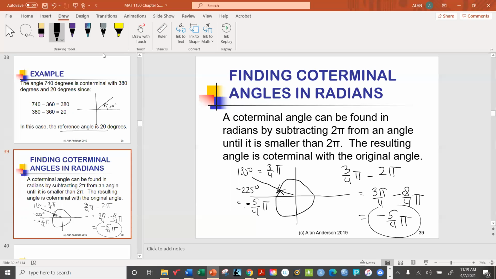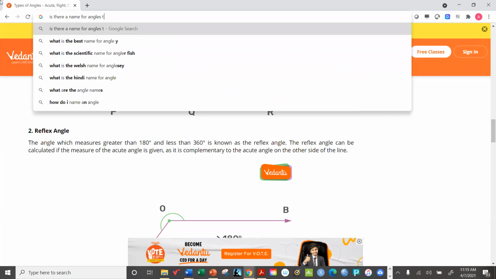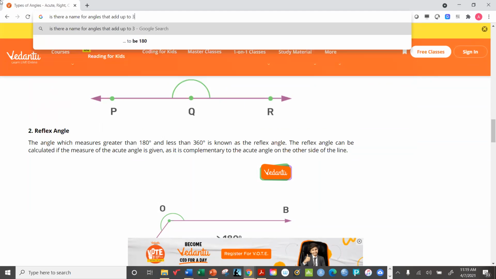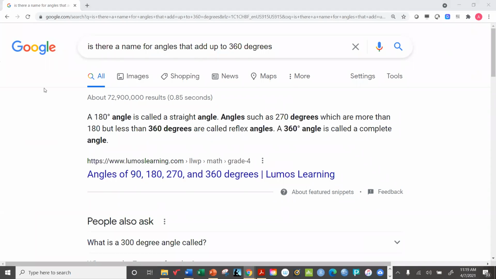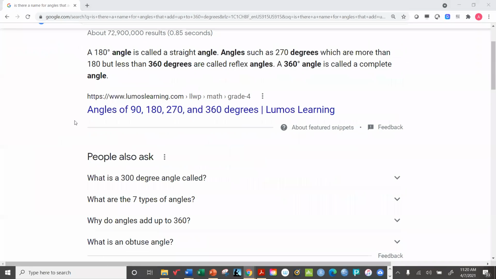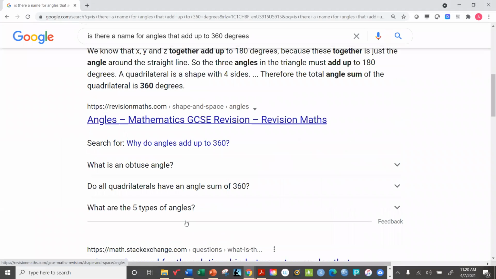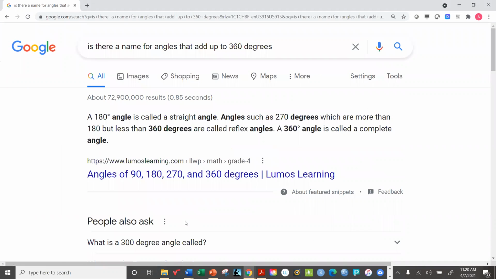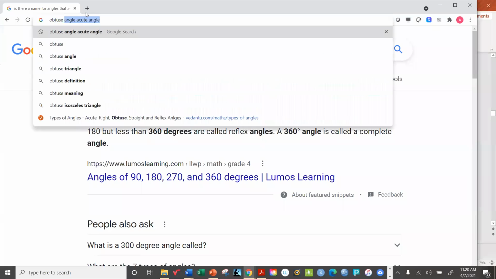That's a good question. Since we had angles that add up to 90 and 360, I bet there is a name for that. Boy, I don't know. Okay, let's do it this way. Obtuse angles.